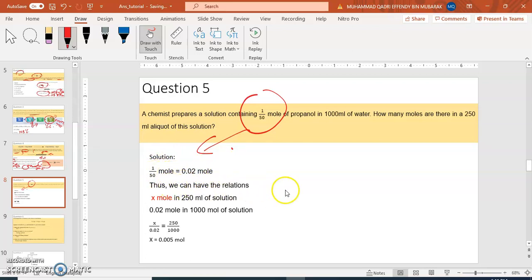So thus we can have the relation: the moles in 250 ml of solution, and this solution we have, 0.02 mole in 1000 ml of solution.